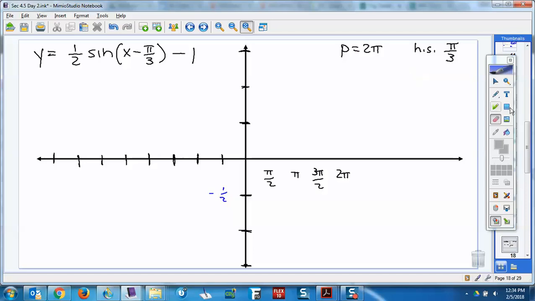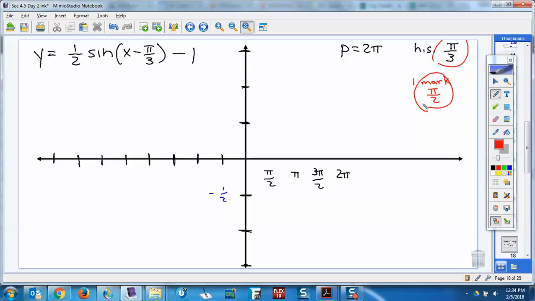Normally I wouldn't write this all down, but one mark is going to be pi halves for my 5 important points on my sine curve. But then I have to shift it pi thirds.